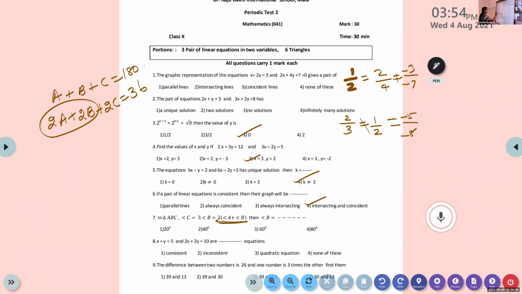Twice angle A plus B is given as 3B. Angle C is given as 3B. So 2C means you can write this as 6B. So 3B plus 6B, you'll get 9B is equal to 360. Therefore, what is the value of B? 40. Okay.